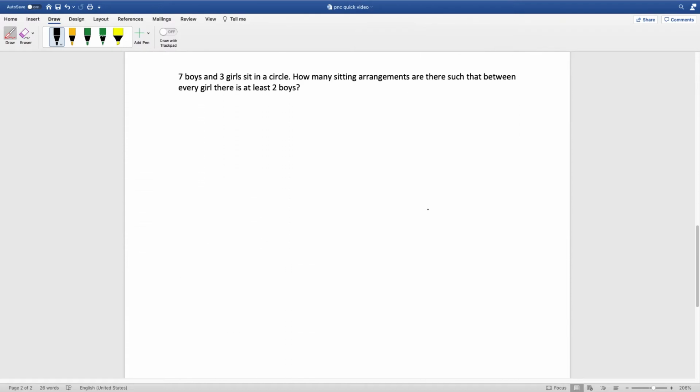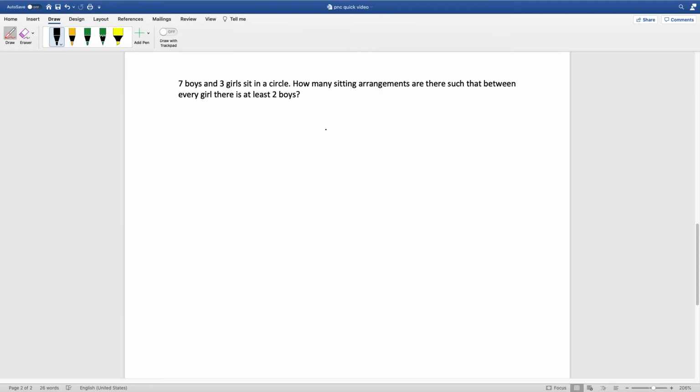So with this new way of thinking, let's try to do this question. So there's 7 boys and 3 girls sit in a circle. How many ways are there to arrange such that between every girl there is at least 2 boys? So we have 10 seats, right? So we first choose somebody to fix.